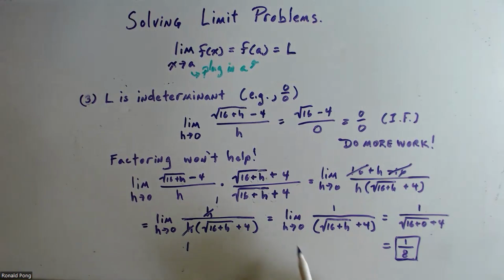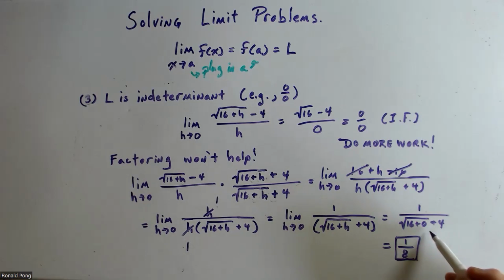The result is the limit as h approaches 0 of 1 over this particular part of the conjugate. Taking the limit by plugging in h equals 0 gives me 1 over radical 16 plus 4, or 4 plus 4, which is 1/8. And that is indeed the limit for this particular problem.